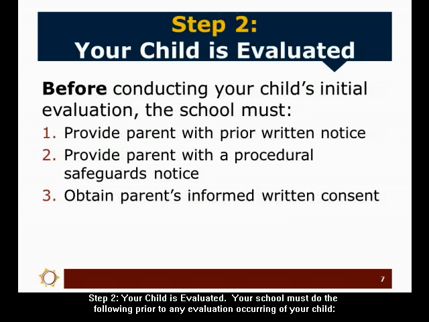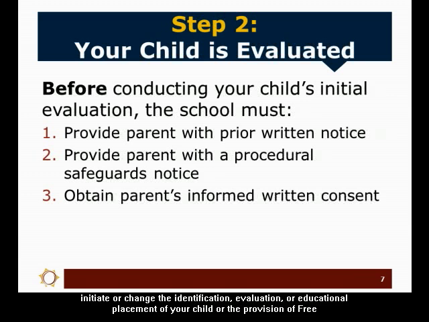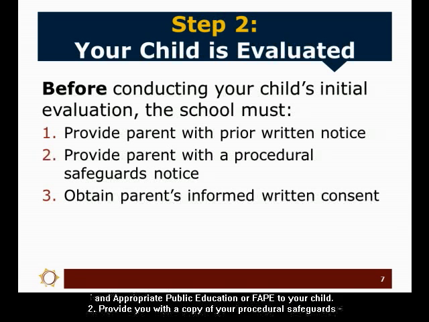Step 2. Your child is evaluated. Your school must do the following prior to any evaluation occurring of your child. 1. Provide you with a prior written notice. This means that the school must notify you in writing if they plan to initiate or change the identification, evaluation, or educational placement of your child or the provision of free and appropriate public education, or FAPE, to your child. 2.